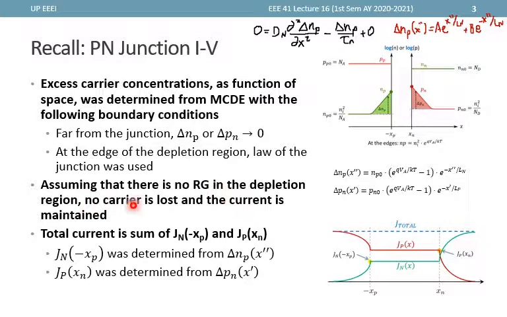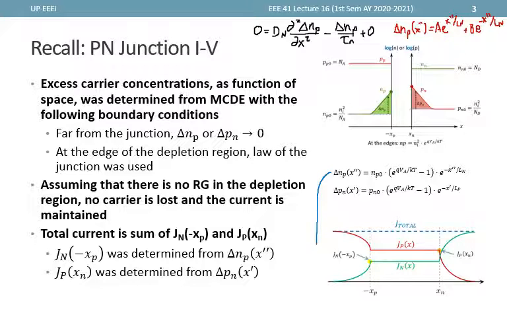So there is no carrier lost, and therefore the current is maintained. So Jn from this point to this point is constant, and Jp from this point to this point is constant. What we were able to determine was basically this Jn at this point, since we know delta n at x double prime.